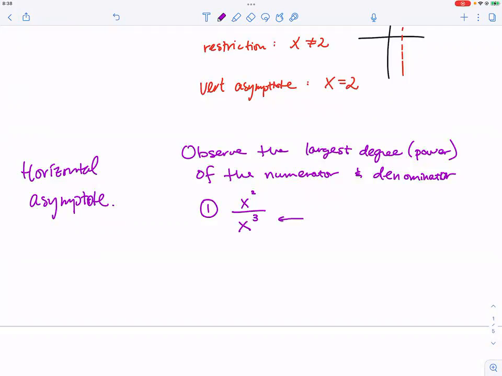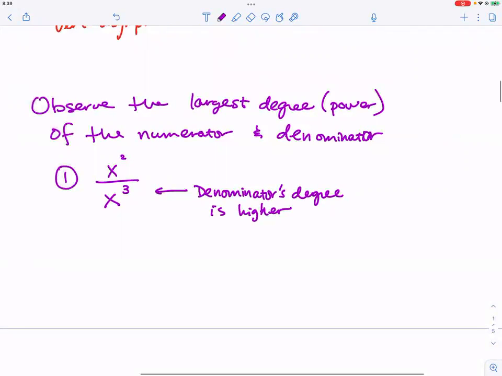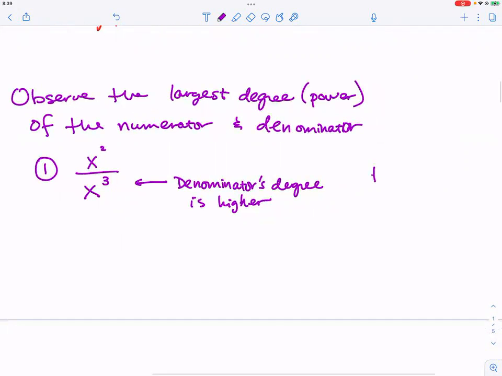So in this case, we will say the denominator's degree is higher. If the denominator's degree is higher, then the horizontal asymptote is y equals 0. I'm going to give you some time to write it down.